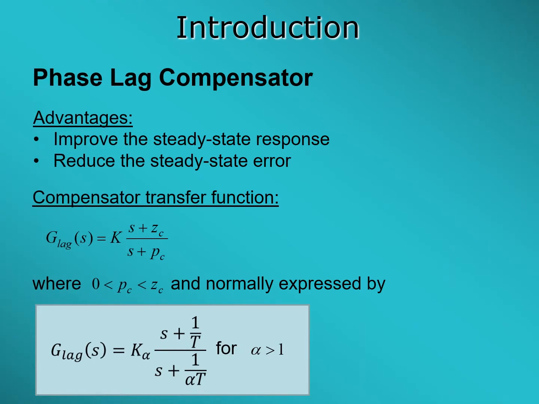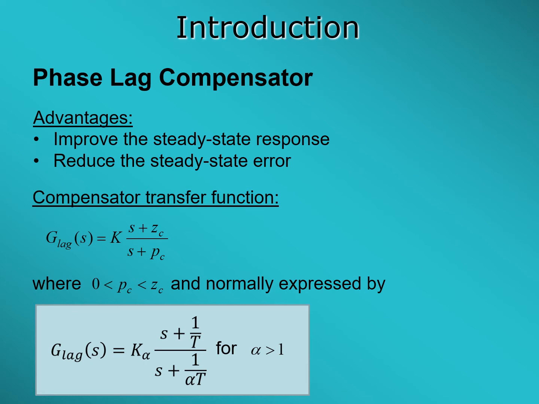Okay, for the introduction, the advantages of the phase lag compensator are to improve the steady state response, and the second one is to reduce the steady state error. The compensator transfer function is given as follows. G lag of s equals K multiplied by (s plus zc) over (s plus pc), where pc is greater than 0 but less than zc.